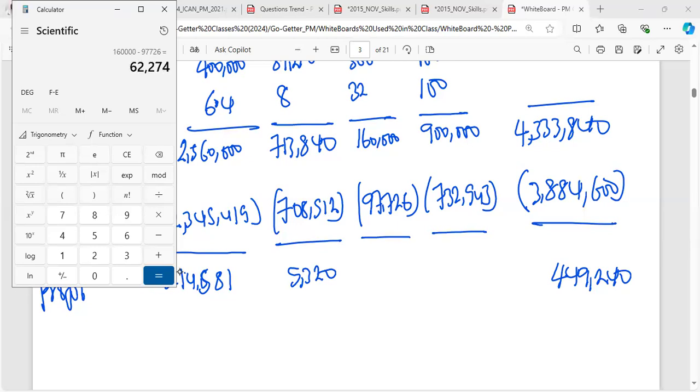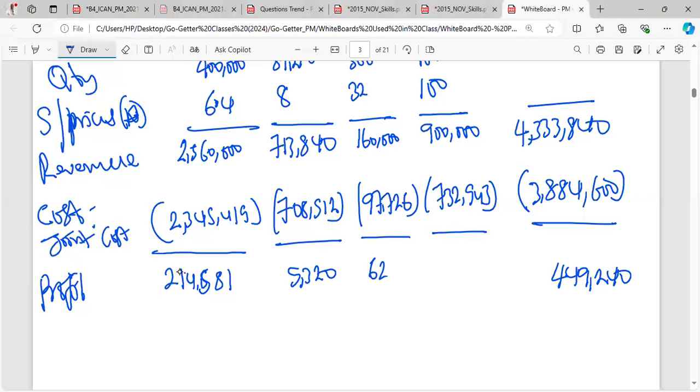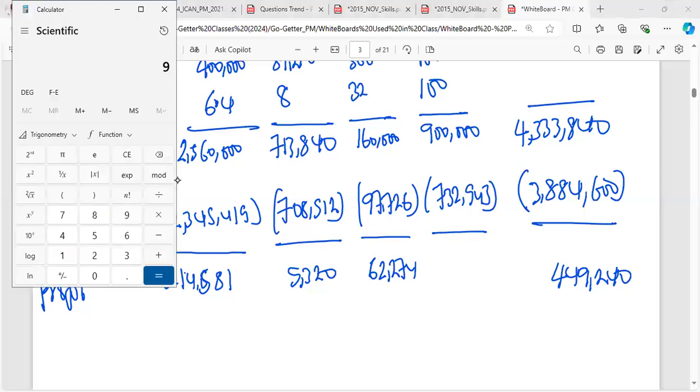That will give you 62,274. And the very last one, 900 minus 732943. That will give us 167,057.